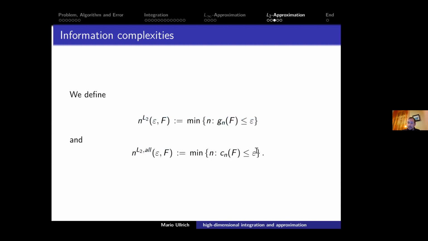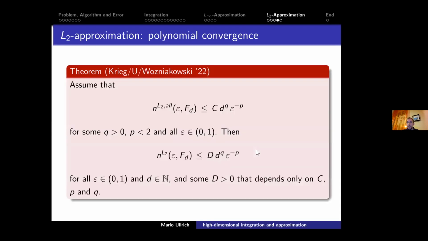I don't want to say much about, say, convergence rates. Let me just say two results on tractability. The result of David and myself in this setting shows, assuming that the best algorithm that is achievable at all, F_D is an arbitrary class here, can be any sequence of d-dimensional function spaces.